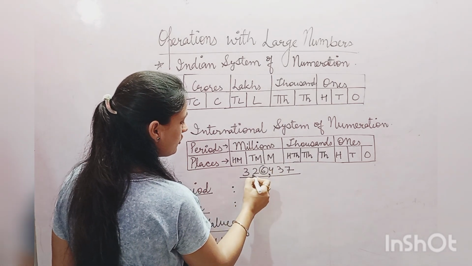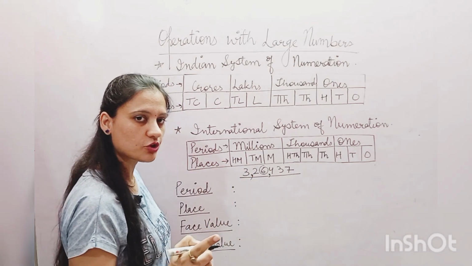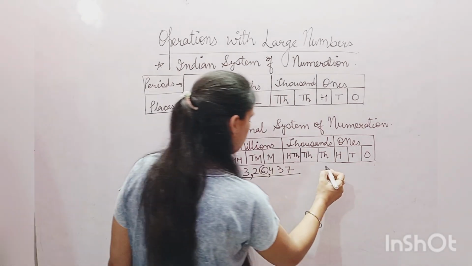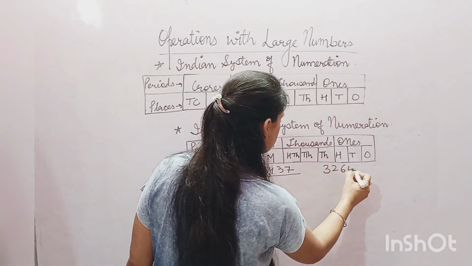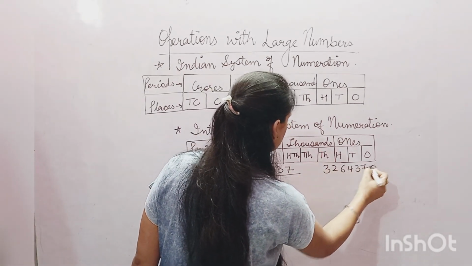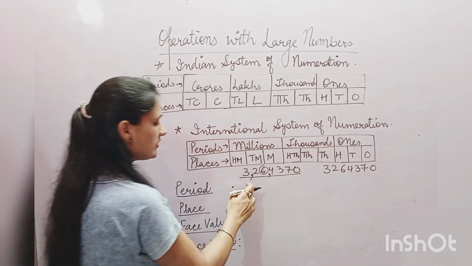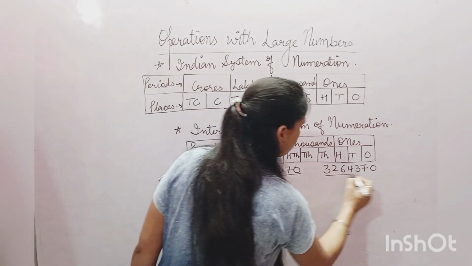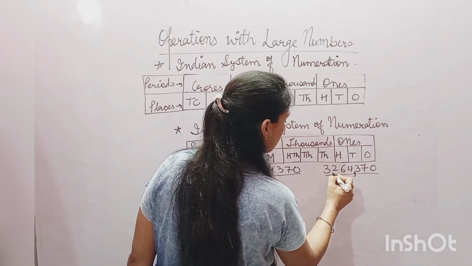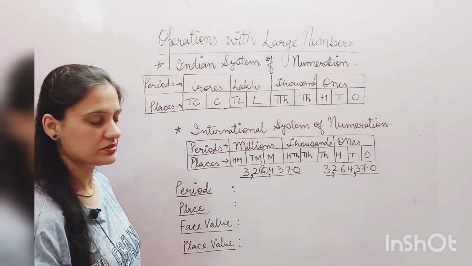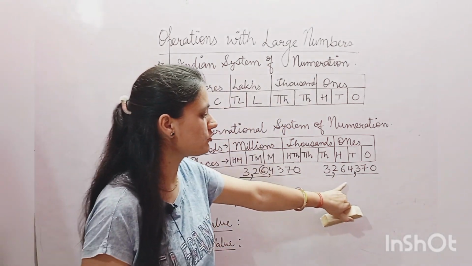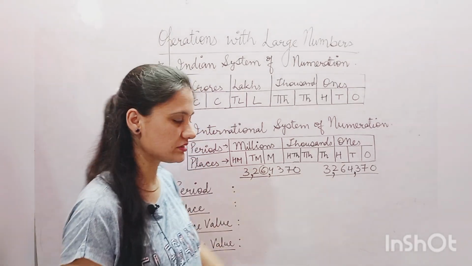So first we put the comma. According to Indian system we are talking first. Then according to international system. Same number I'll tell you according to international system also, right? First Indian system, then we'll talk about international system. Let us put comma according to both the systems. Here Indian system, here I put comma according to the international system.